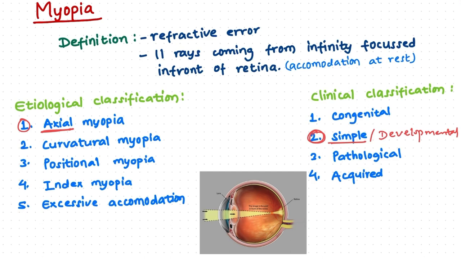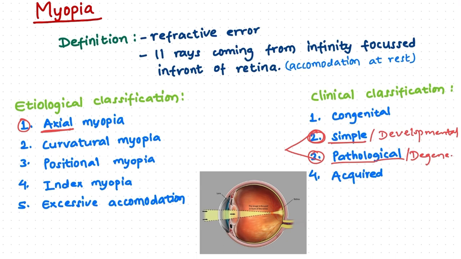Now coming to pathological myopia, it is also known as degenerative myopia. We will describe simple and pathological myopia in detail in the coming slides.